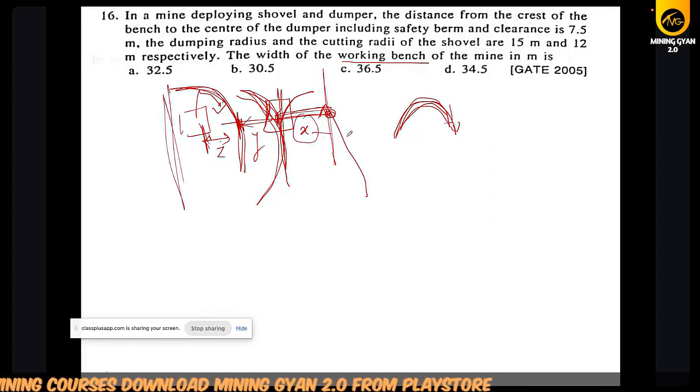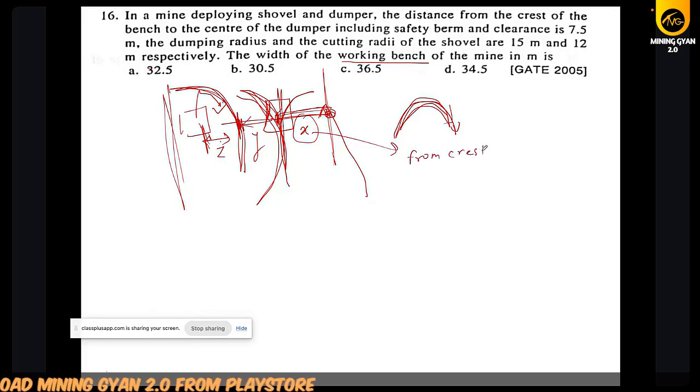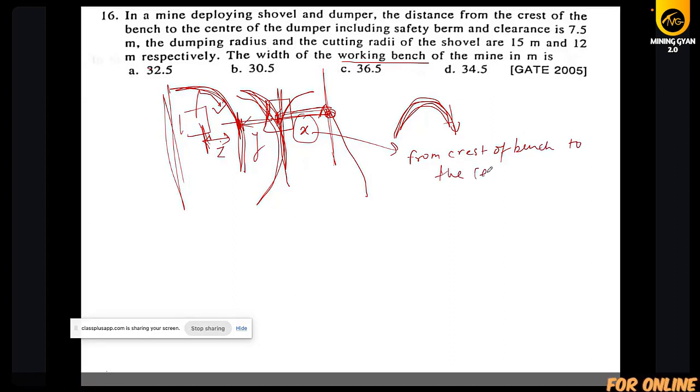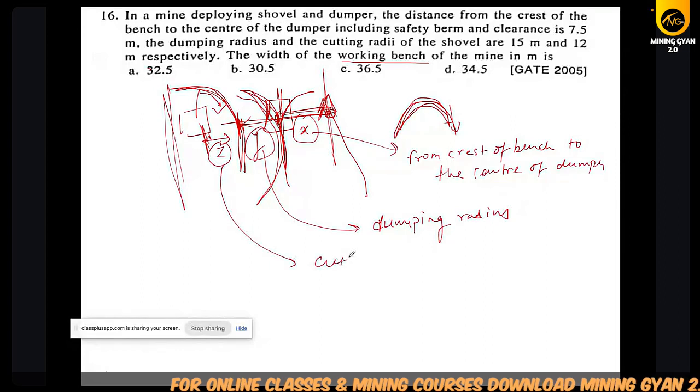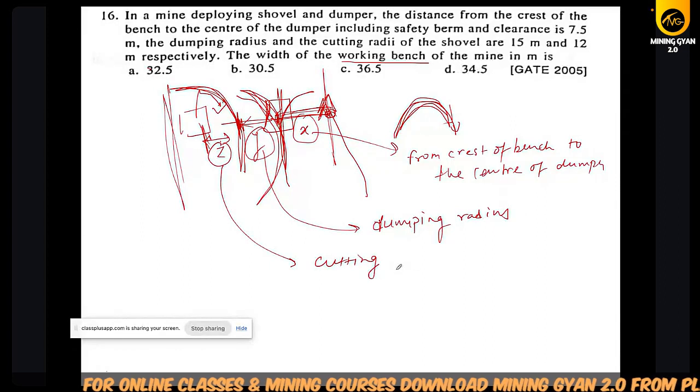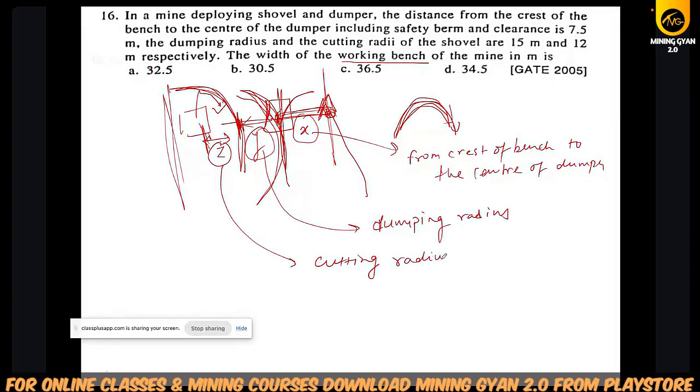So x, what is x? From the crest of the bench to the center of the dumper. y is the dumping radius, and third is the cutting radius of the shovel.